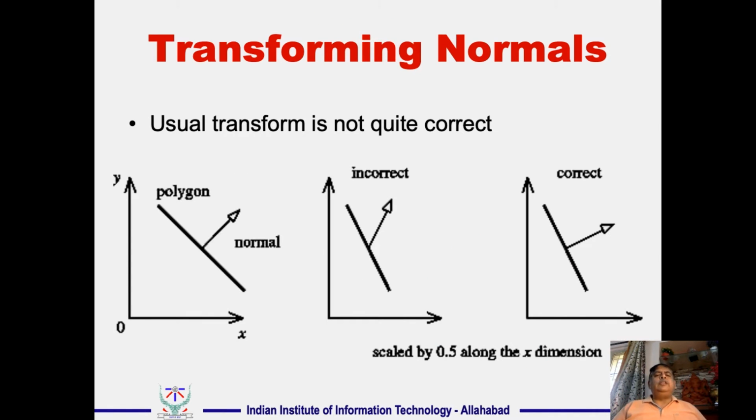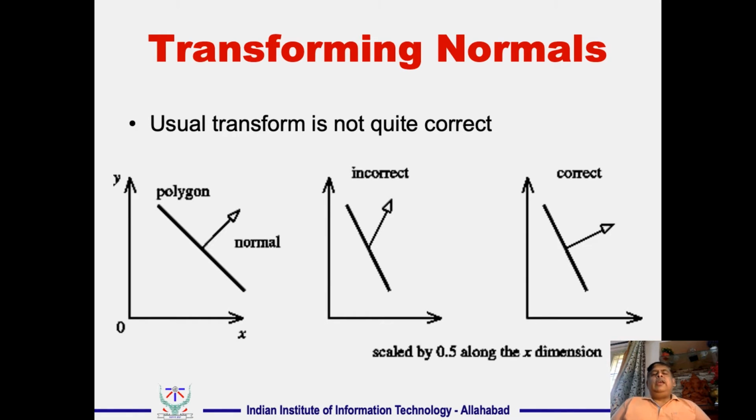Now please note that we cannot generate the normal with the surfaces we generate and transform it using our transformation, because the normal will not remain normal as you do this transformation. As you see in this example, the normal which is there in the first figure, due to anisotropic scaling, no more remains a normal.